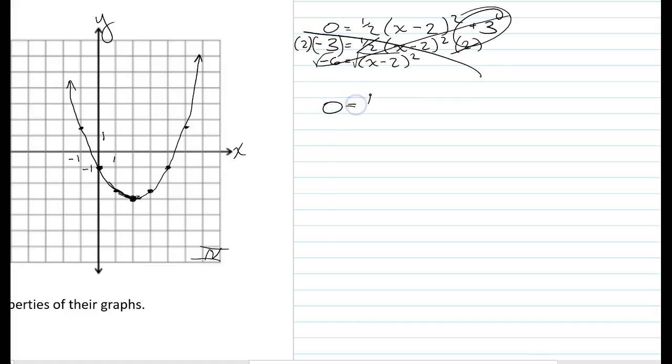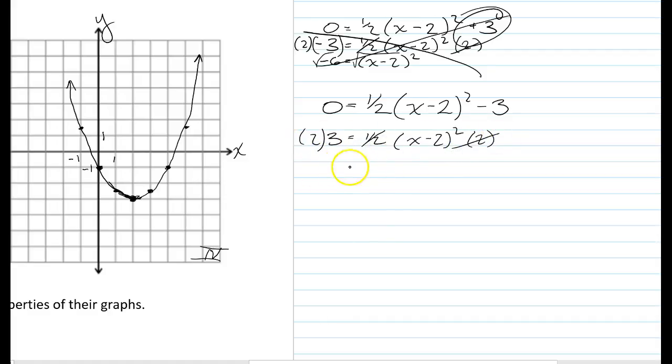I'm going to do the same process, just with the right sign, so that I can actually get an answer, or 2 answers, because I have 2 intercepts. So now that gives me 3 equals a half (x minus 2) squared. Multiply by 2 again to get rid of my half. Again, I'm slowly peeling away the layers to get to that x.